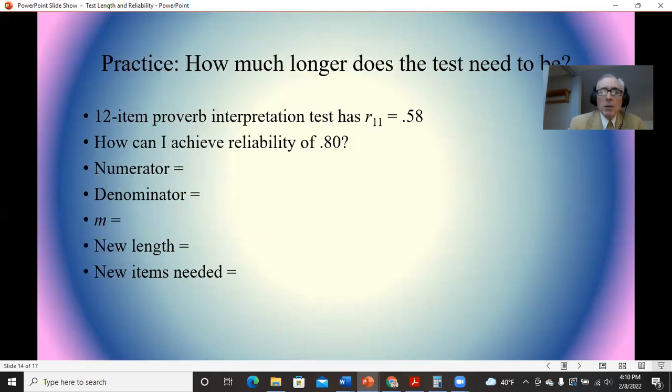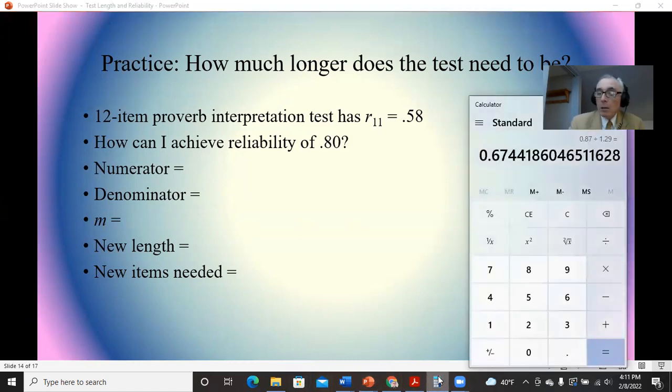So practicing on this one, again, we have our Proverbs test, 0.58, and I want to get it up to 0.8. I want to have a clinically useful measure of abstract thinking as indicated by proverb interpretation. So what do you get? Again, we'll call up our calculator and clear out what we had.